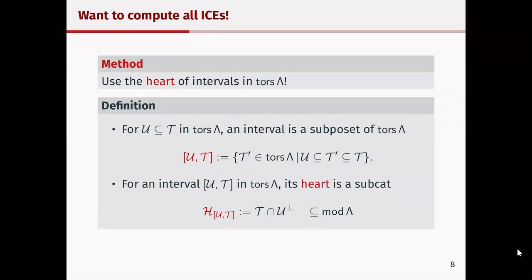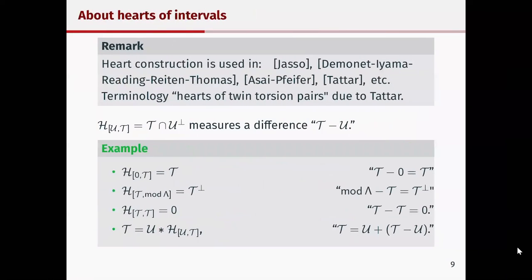Maybe some of you have seen this construction, and actually there are some papers in which it is used. For example, Hasse's reduction on tau-tilting modules and Nakayama-Reiten theory, the recent paper by Hasse-Pfeiffer on wide intervals, and Tatter's recent paper on quasi-abelian categories.